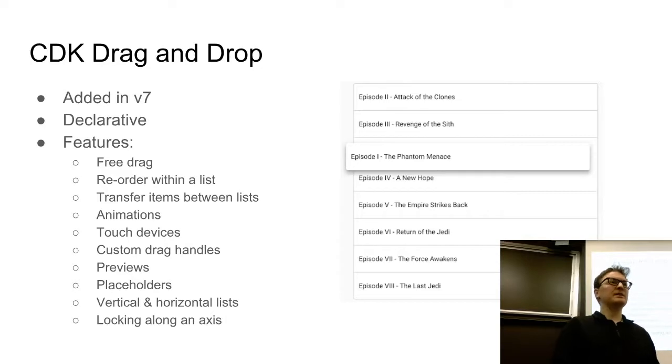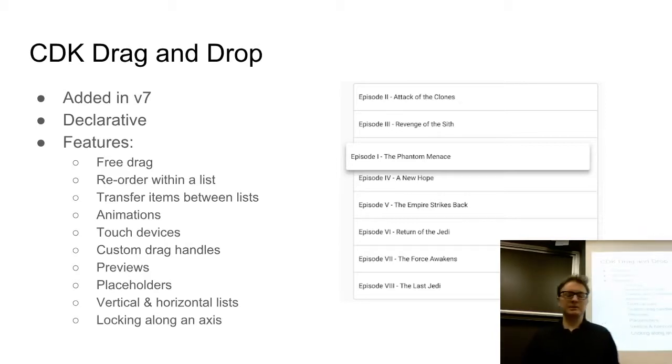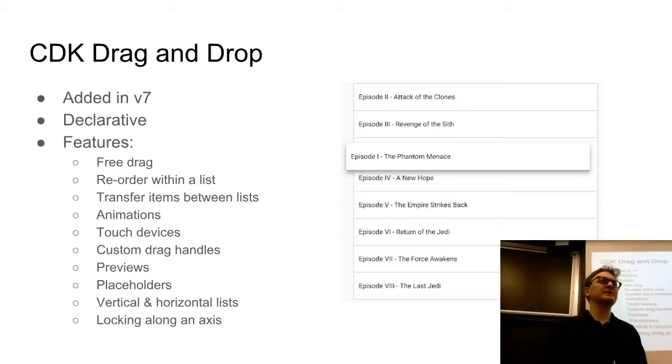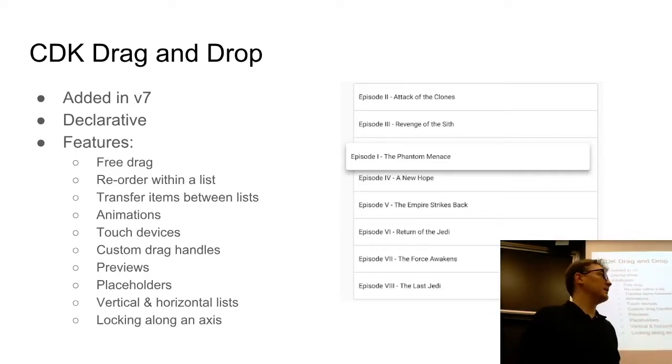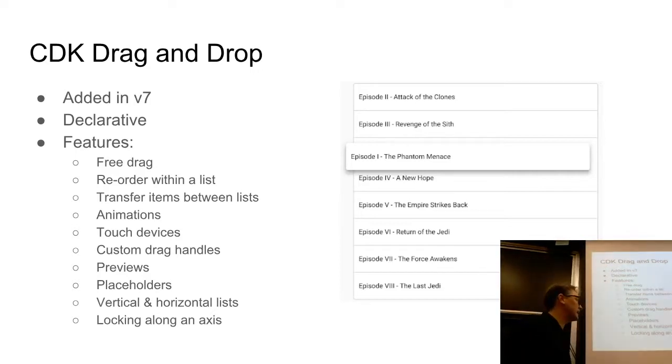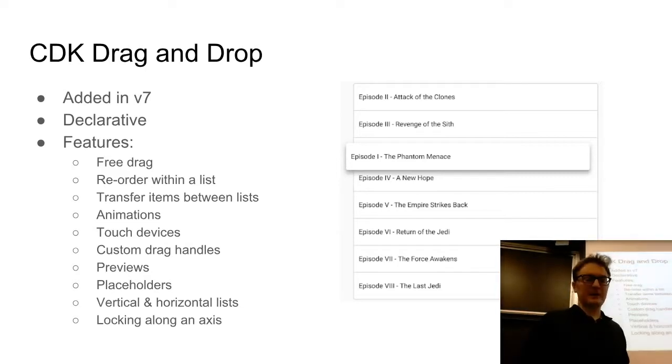But one feature that is really straightforward to use right from the CDK is the drag and drop feature. They added this to version 7 of the CDK, which was released roughly to coincide with Angular 7. And this is a library that's part of the CDK that allows you to implement drag and drop declaratively.